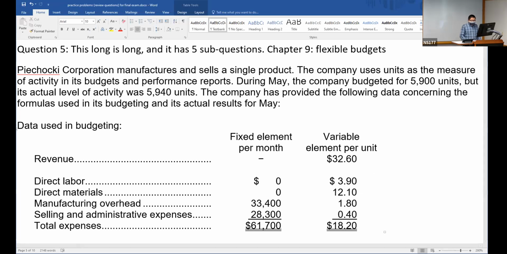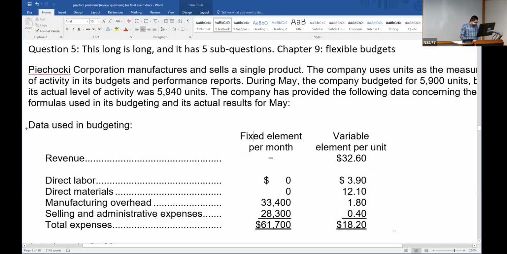And here, let me explain this question a little bit. To answer it, first you need to know about the budget. We had a flexible budget, and we also had a planning budget. The planning budget is based on the planned quantity.